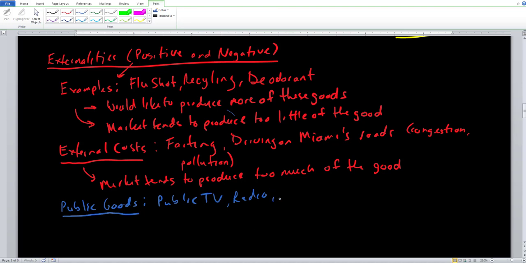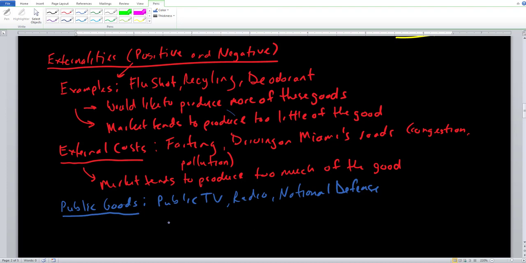We can say national defense would be a really good example. We really wouldn't want Amazon, eBay, Walmart, or Target providing us with national defense. So the government comes into play. They say, hey, we know that we want to have a strong, protected country, so we're going to be providing this particular public good for you guys. Other examples could be public libraries, public parks, lighthouses.